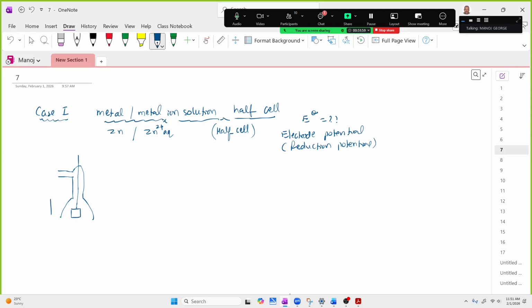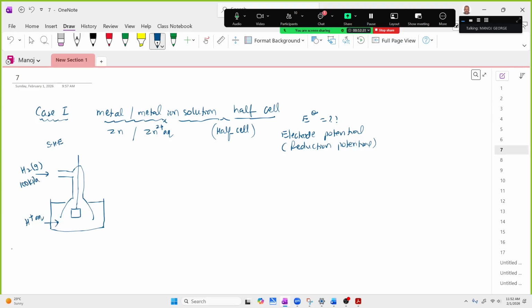This particular diagram is easy for you to make in the exams also. There you go. Is that easy? Not much time you will take. So I'm trying to make a standard hydrogen electrode here. This is my SHE. From here I'm going to put hydrogen gas at 100 kilopascal. I have here a solution of H plus aqueous.